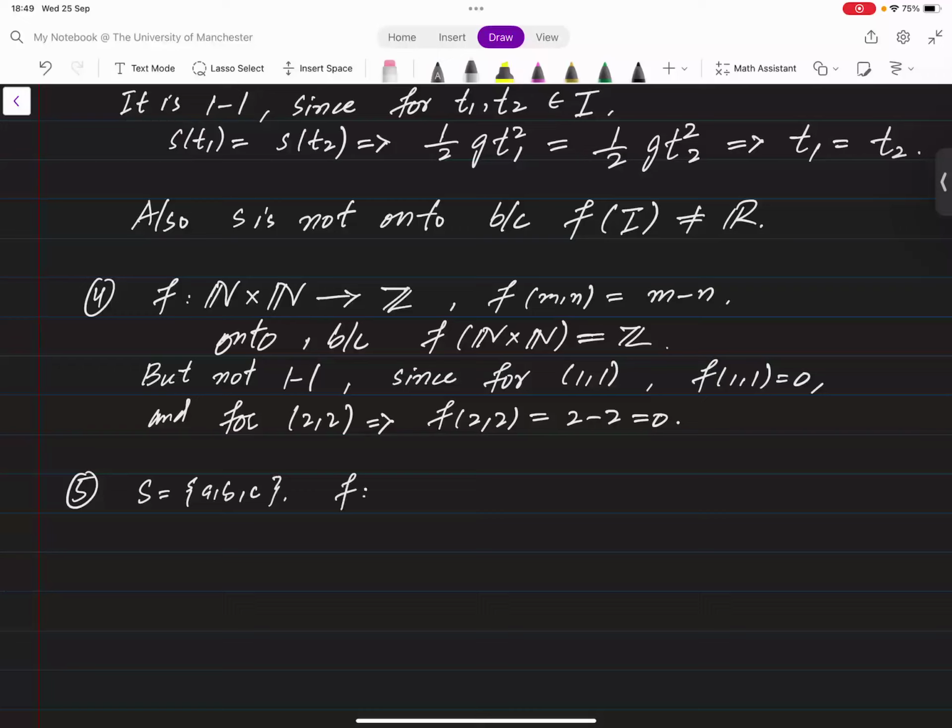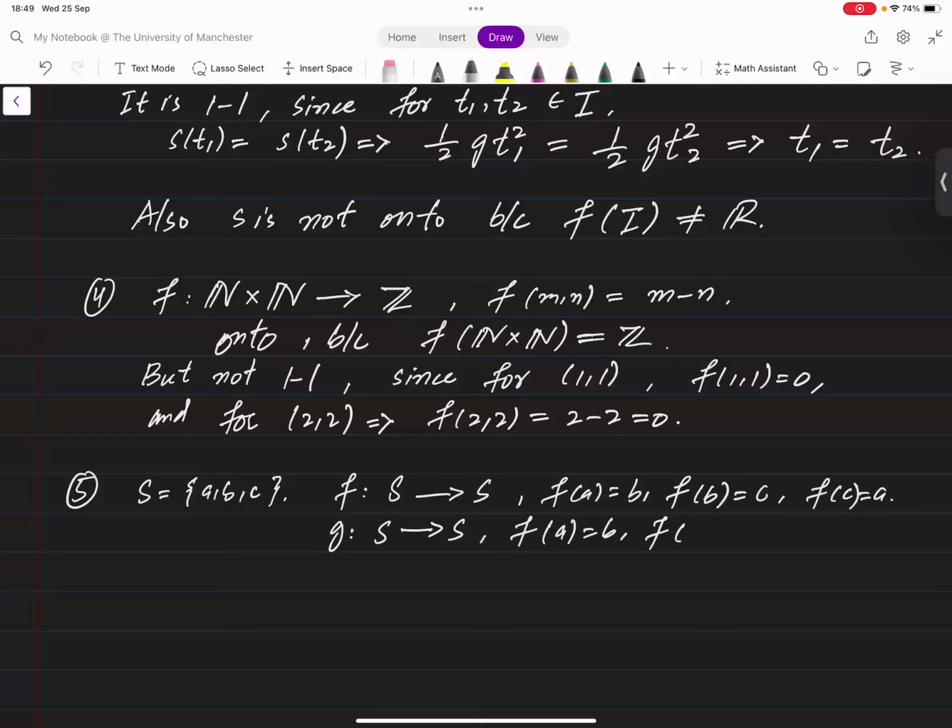We have a function f from S to S, and f of A is B, f of B is C, and f of C is A. We have another function g from S to S, which is g of A is B, g of B is C, and g of C is B again.